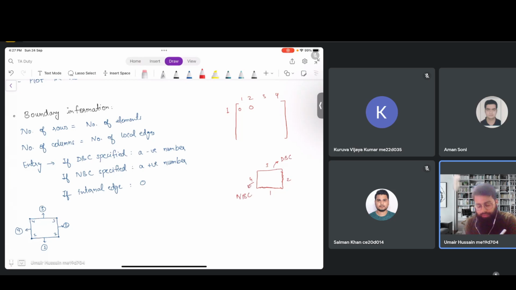And it's just a convention. If at any edge there's a restricted boundary condition applied, we assign it a negative number. And if there's a normal boundary condition applied, we assign it a positive number. This is just a convention of numbering, so that we'll know if it's a restricted boundary condition or not a boundary condition.